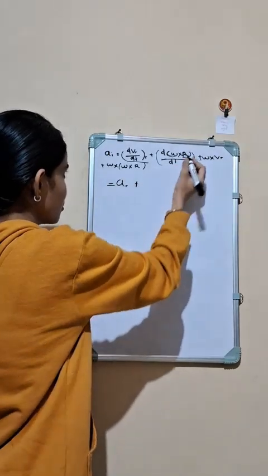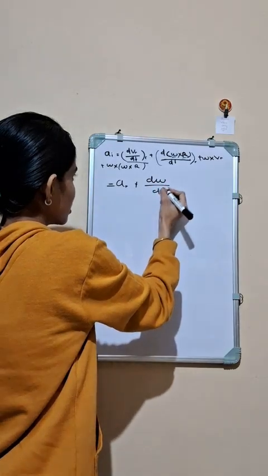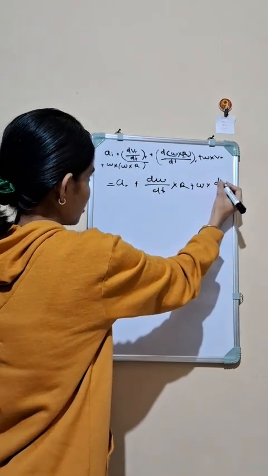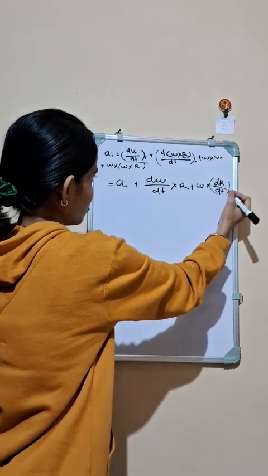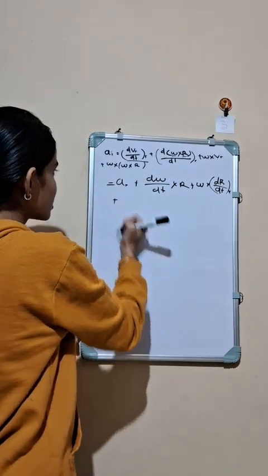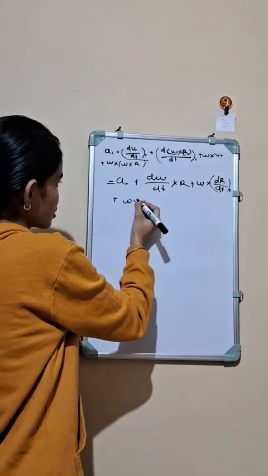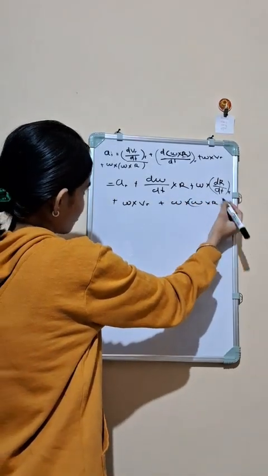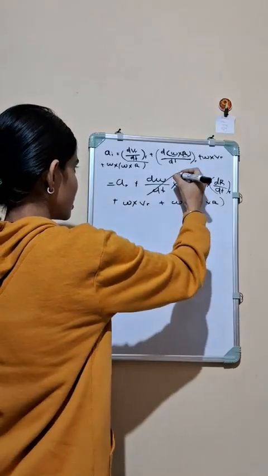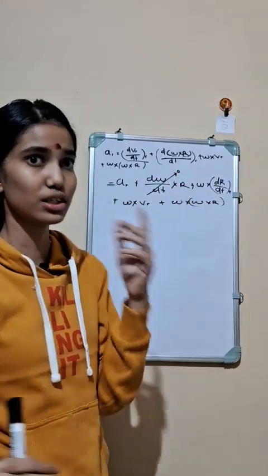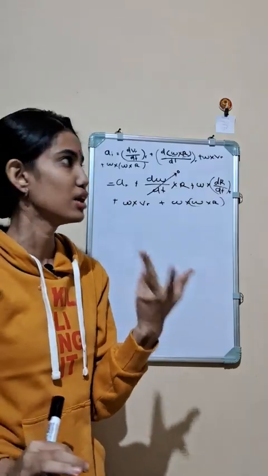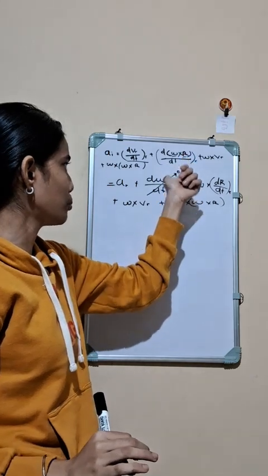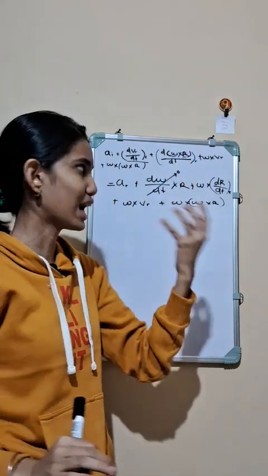Here first we will keep r constant, d omega by dt cross r, and then keep omega constant, omega cross dr by dt seen from the rotational reference frame, plus omega cross vr plus omega cross r. So here this term will be 0 as the earth is rotating with a constant velocity, and a uniformly rotating frame will have no angular acceleration, and d omega by dt leads to angular acceleration.